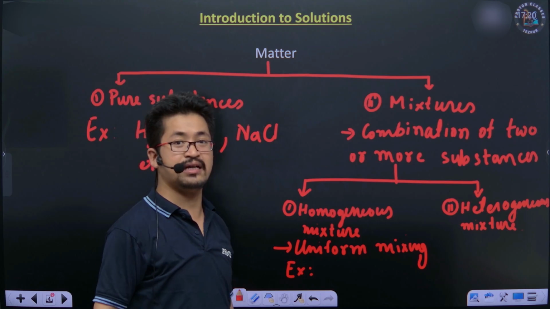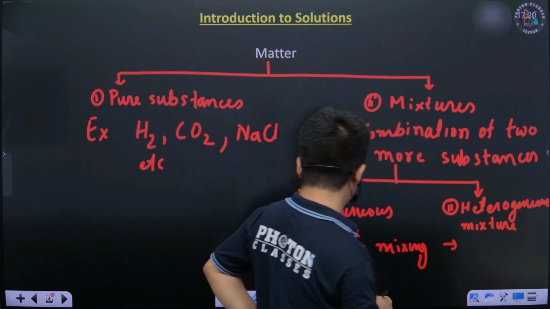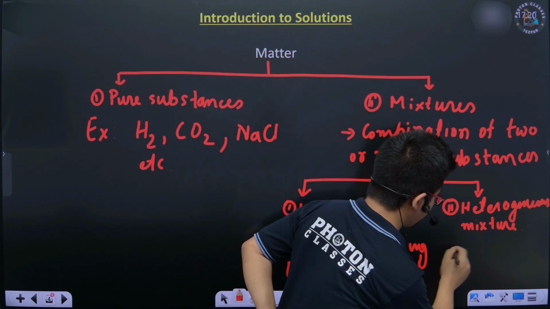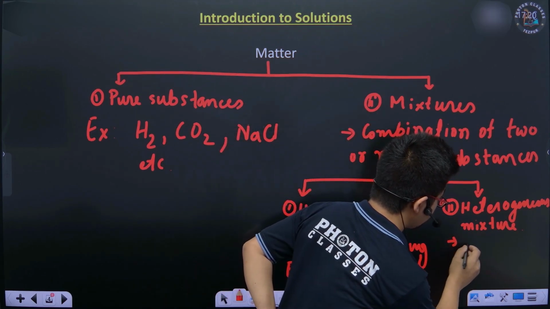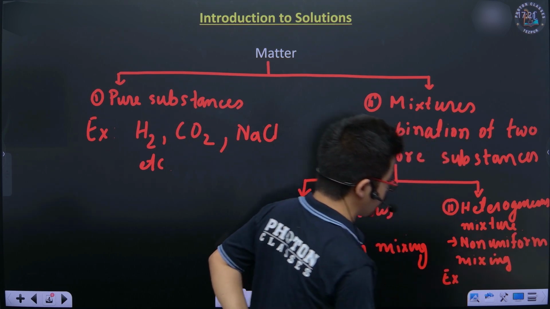In a similar way, in a heterogeneous mixture, the components will be mixed non-uniformly. You can take many examples where there will be non-uniform mixing.